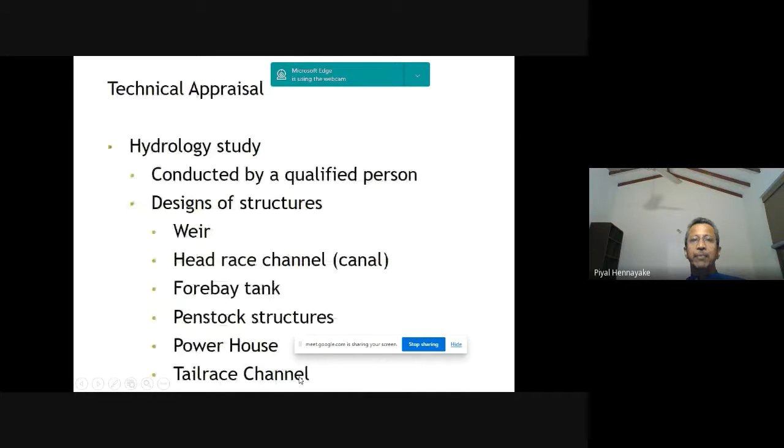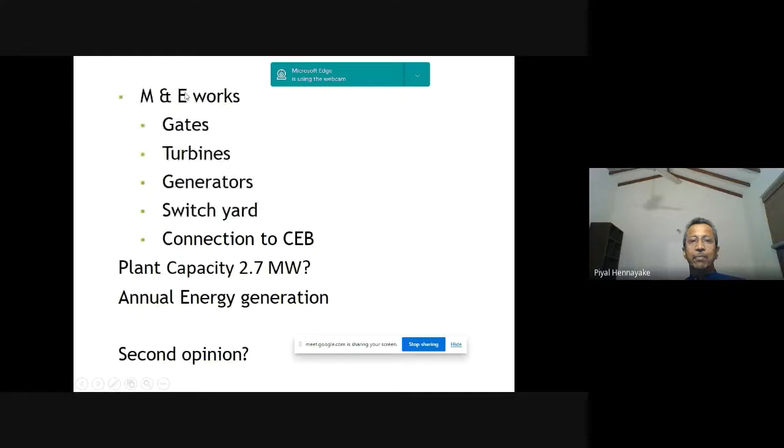So the technical appraisal: a hydrology study conducted by a very qualified person, and the designs of the structures, weir, headrace channel, forebay, penstock, powerhouse, and tail race channel were done. Then the M&E works, and the plant capacity, to my recollection, is 2.7 megawatts, and the annual energy generation was calculated.